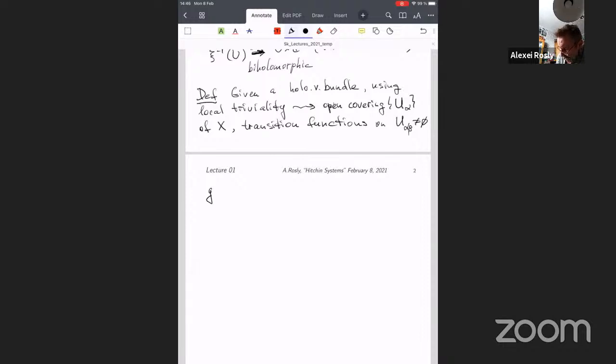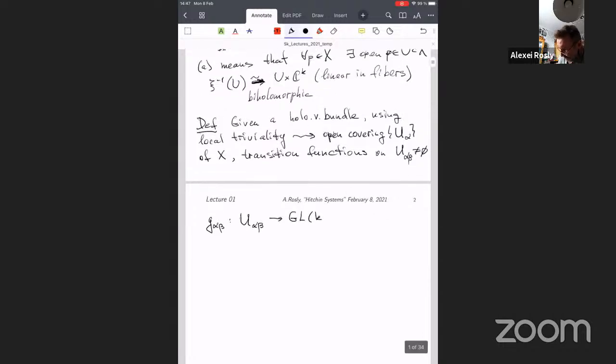And the transition function is a matrix valued function, and for holomorphic bundles, it should be a holomorphic function. So it's a map from this double intersection to the complex Lie group, where K is the same K as above.